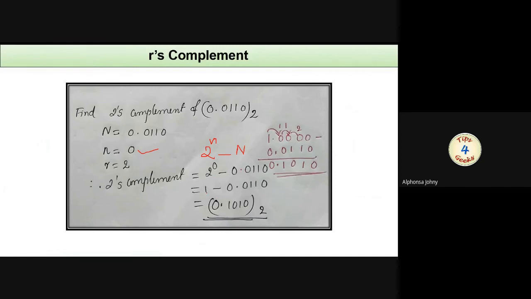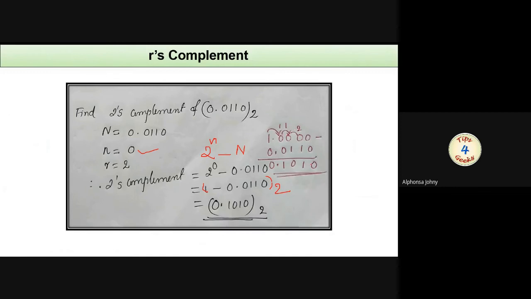So 2 raised to 0 is nothing but 1, minus 0.0110 to the base 2. So which subtraction do we have to perform? Binary subtraction. It is given here, you can refer. Then the answer will be 0.1010 to the base 2. So the 2's complement of 0.0110 is equal to 0.1010 to the base 2.